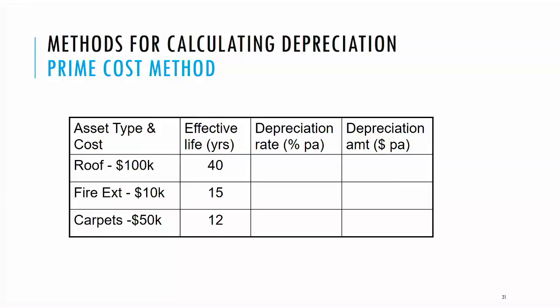So then we depreciate 660 every year. That's what we call the prime cost method. We depreciate the asset by the same amount every year, so at the end of the effective life of that asset, the remaining value will be 0.